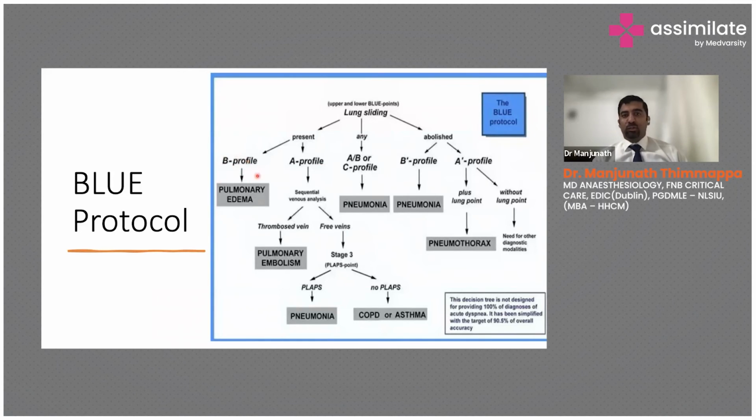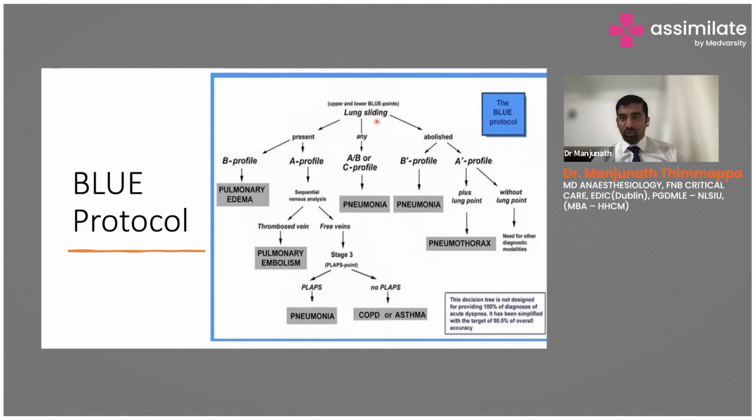If it is a B profile, it's more of interstitial fluid, and it goes more in favor of pulmonary edema. With an A profile, it is not interstitial fluid. It can be vascular as well. So if you see any thrombosed veins, there is a suspicion for pulmonary embolism as well.